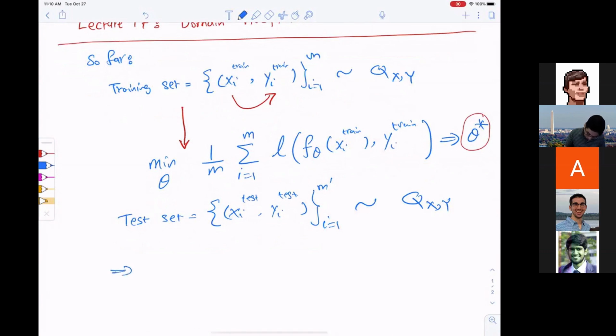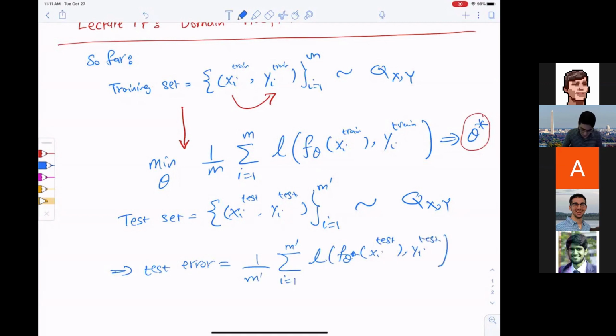So over this test set, we compute the test error by evaluating the function that we have computed over the test samples that had not been used during the training.